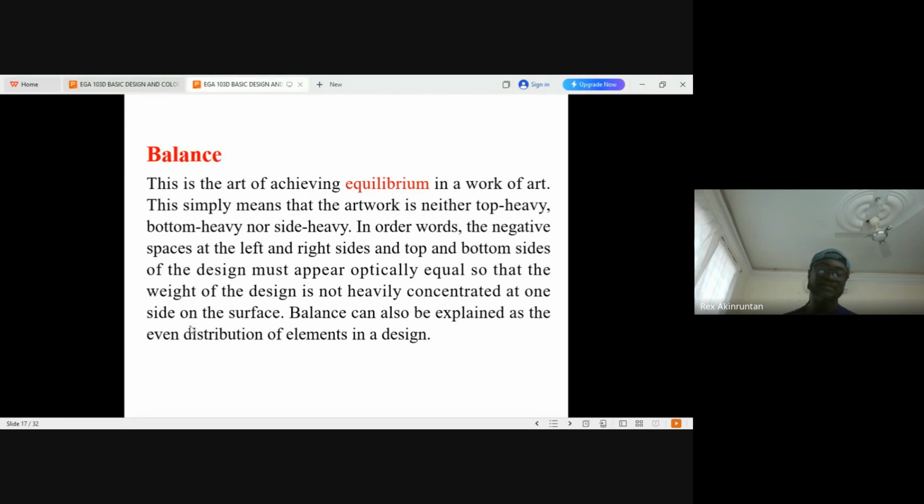So once you put maybe one shape here, you put another shape here. The other shape that you put there might not necessarily be the same shape as the other one. But the fact is, if you put a triangle shape on your left side and you put a circle shape on the right side, there is balance. It's not necessary that the shape here, which is the triangle, must be the same that has been repeated here.